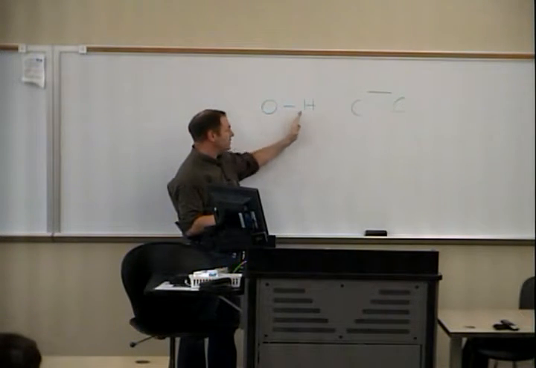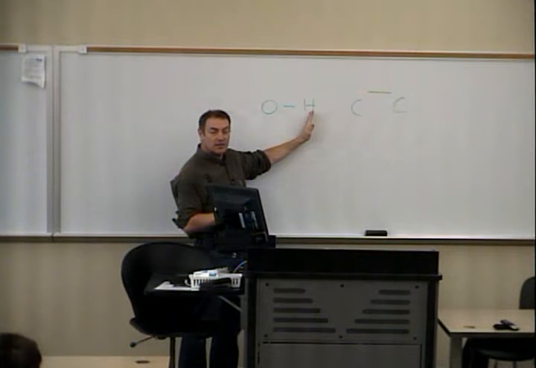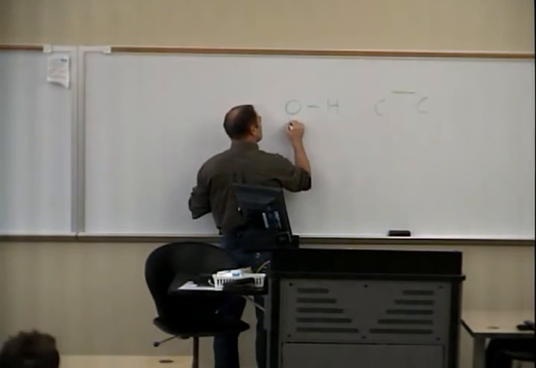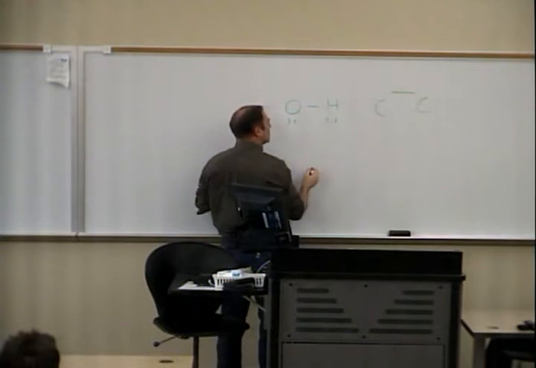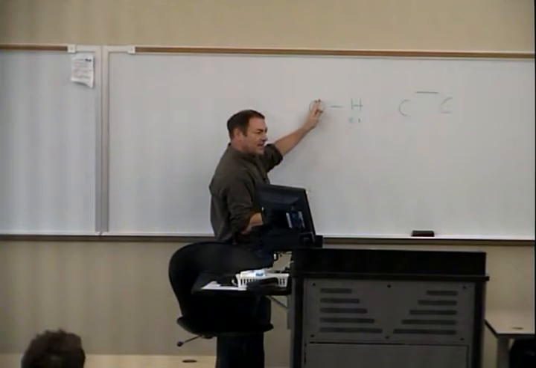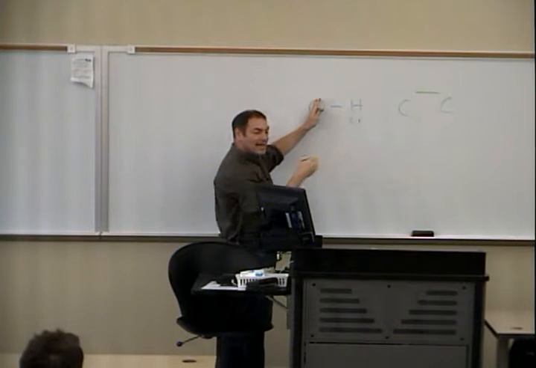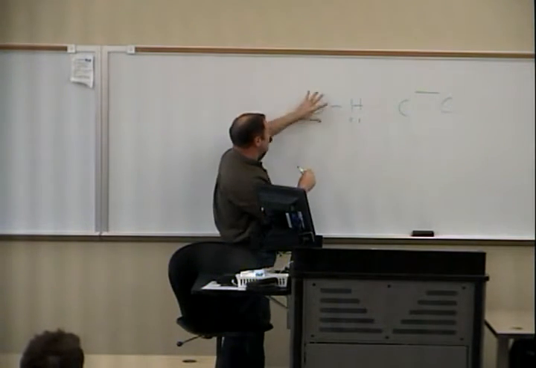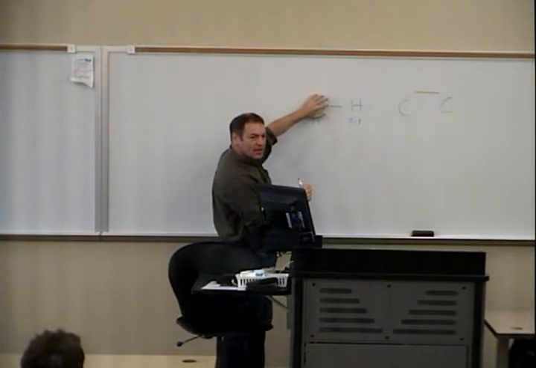About 3.5. And hydrogen? Yeah, 2.1. So this one is a lot more electronegative. It exerts a much greater pull on the electrons outside of the atom. So the electrons are kind of pulled over to the oxygen side.